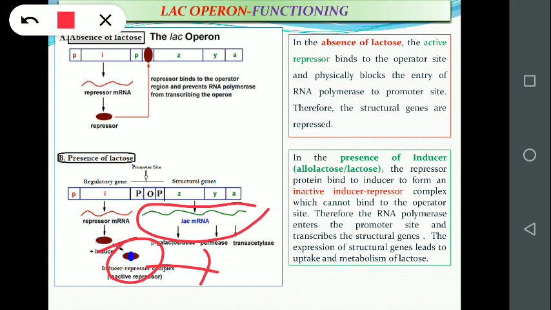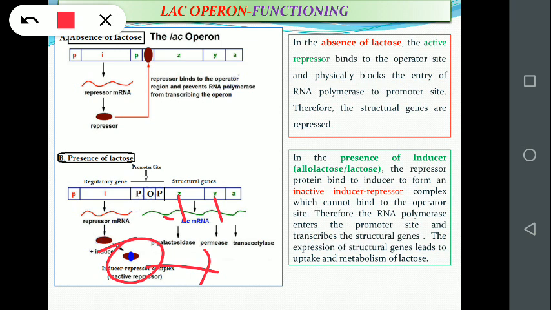We can observe here that the large mRNA molecule is a polycistronic mRNA. That means in this mRNA we have the Z portion, Y portion and A portion. In eukaryotes, each and every gene produces one corresponding mRNA molecule.